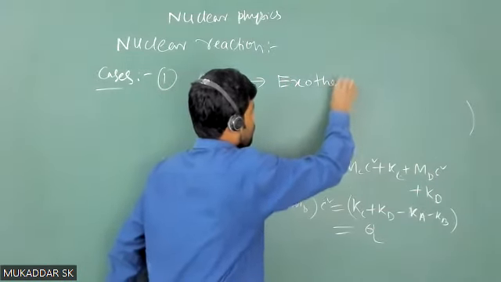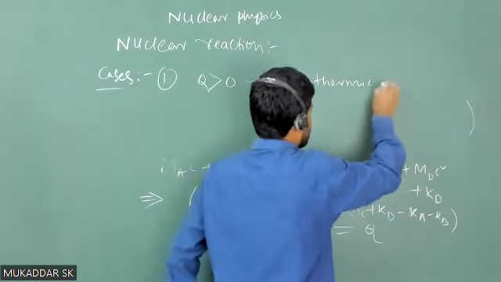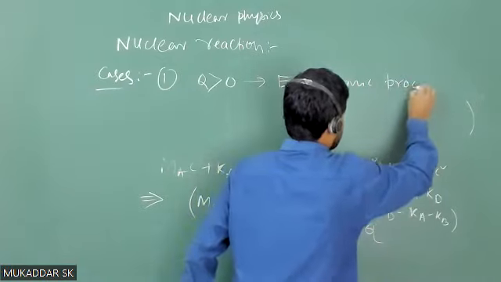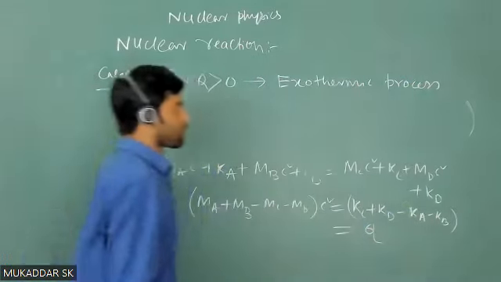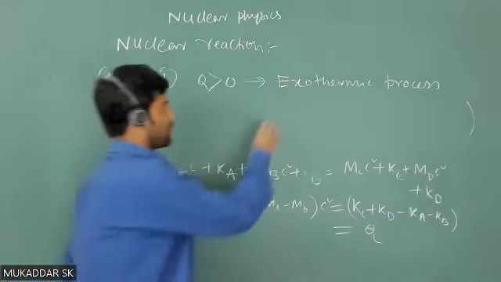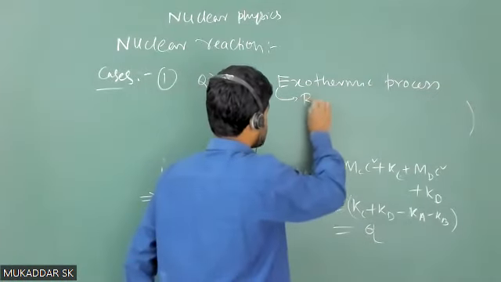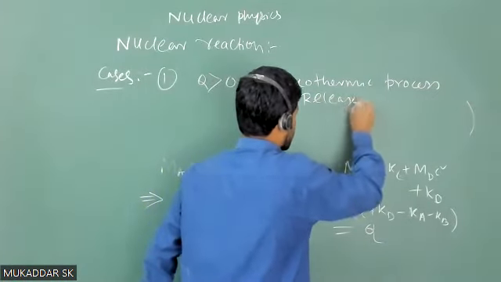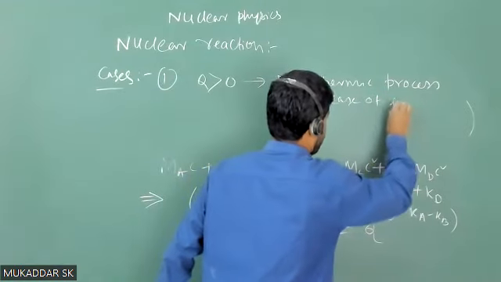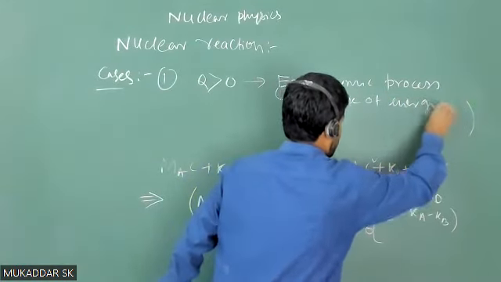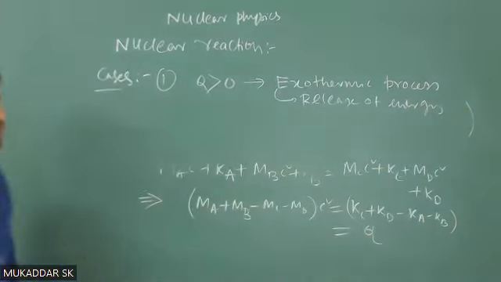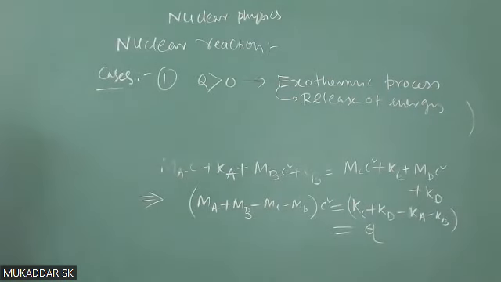What is the meaning of an exothermic process? There will be release of energy, that we have discussed, right? There will be release of energy. And this exothermic process is a spontaneous process, or natural process.